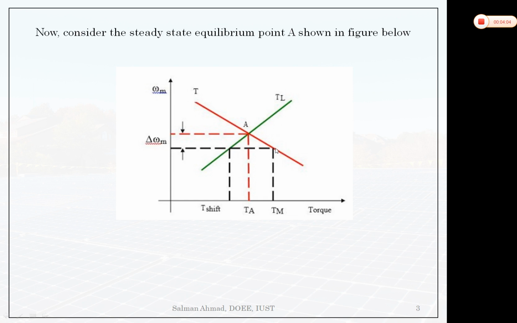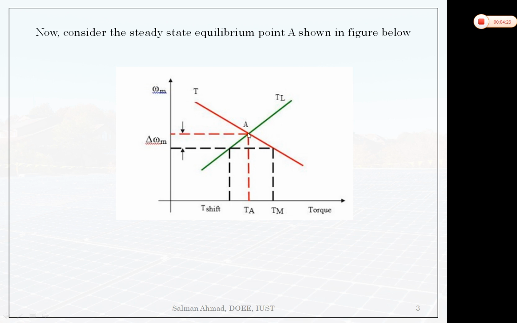When speed is slightly decreased, the motor torque is more than the load torque. That means the drive will start accelerating, and the speed will increase and reach point A again, where motor torque and load torque become equal, and it will continue to run at point A.